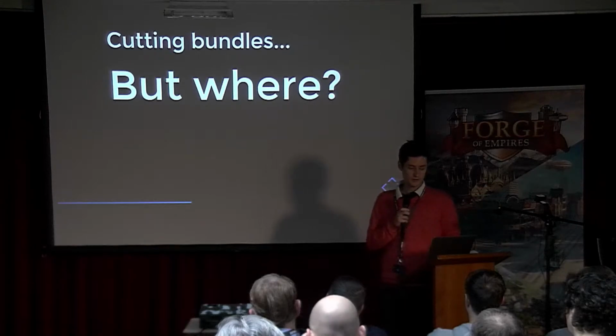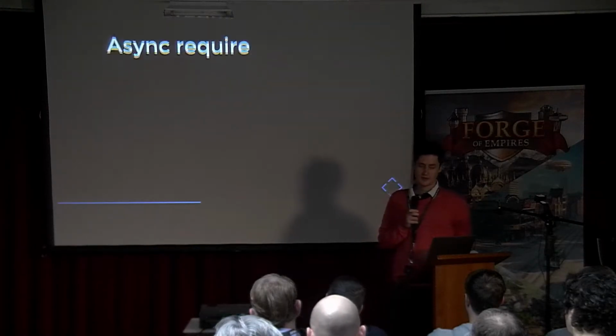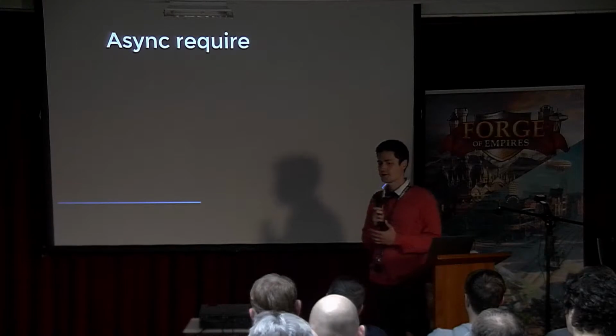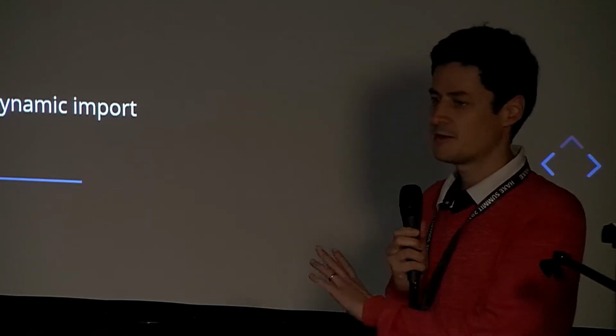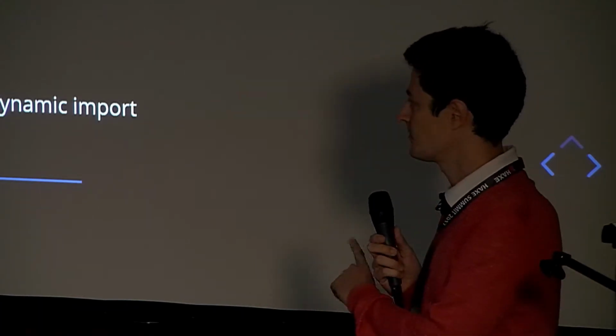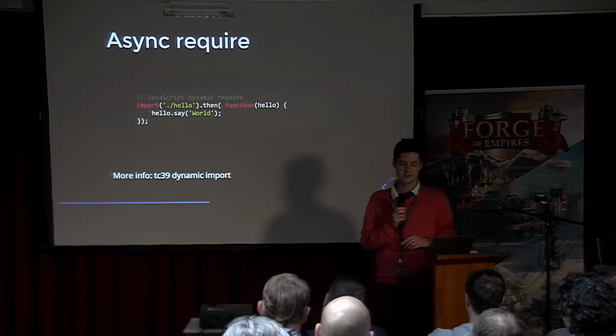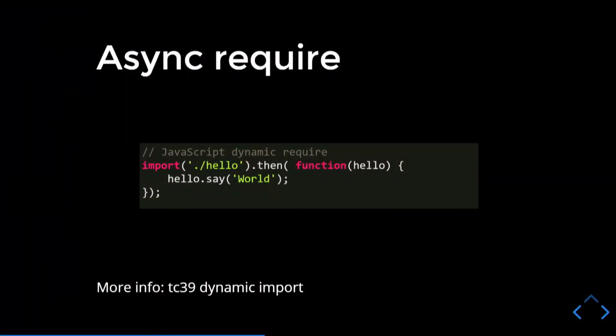So for that we need to introduce an explicit asynchronous API, and in JavaScript they have that. It resembles the future API for ES6, which is: import a certain module, and when it's done, then I can do some work and it's available.